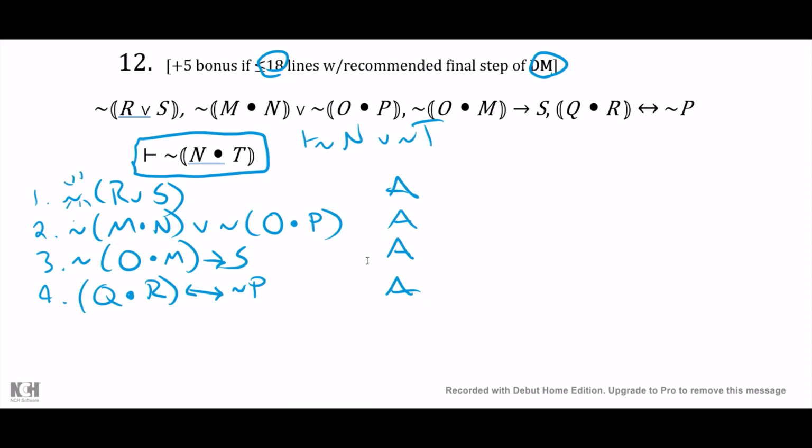Here. Is there some move I could use to get rid of this squigglage on the outside? Yeah, I could do a De Morgan's Law on this. And I think once you do that, you'll see that that opens up some other things that you can do in this problem. So that's the plan of attack for this one. Really go after this and do those. Here in this case, the first move after that would be to see what conversions you can do.